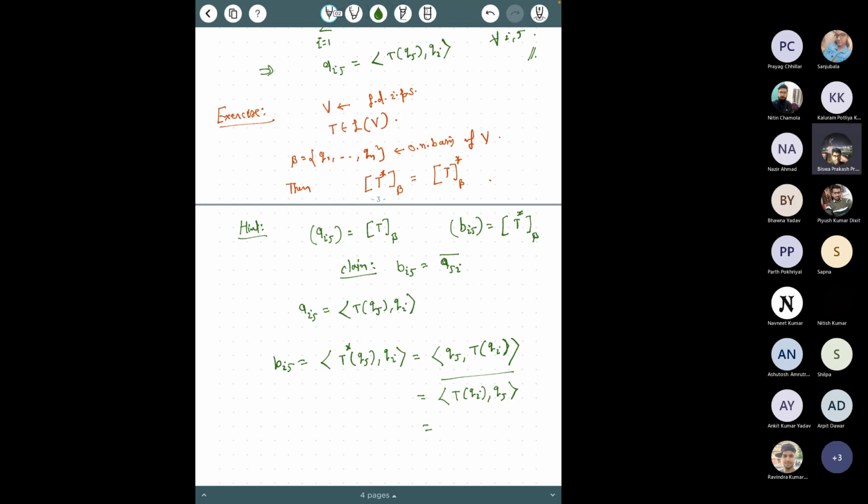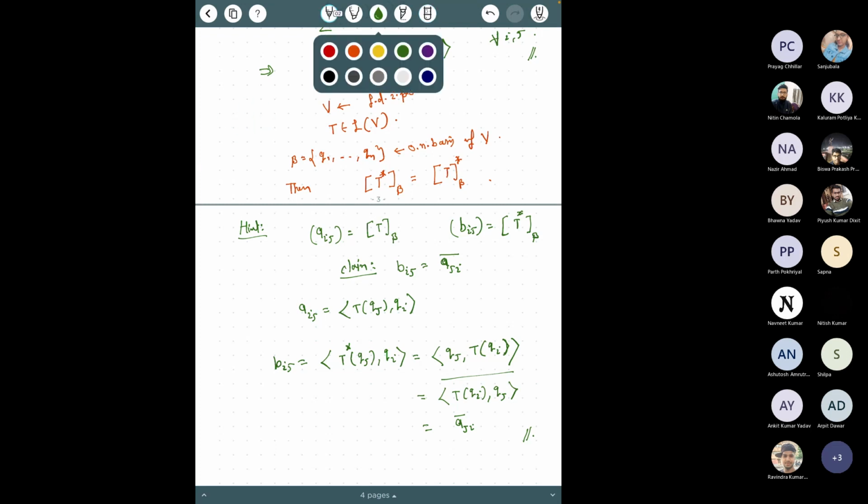It is Aij bar. Then this is Aji bar. So from here you can see that the matrix of T star is actually the conjugate transpose, the star, of the matrix of T. So this is very immediate. This is not an exercise; I have already proved this. So you can write this as a result now.